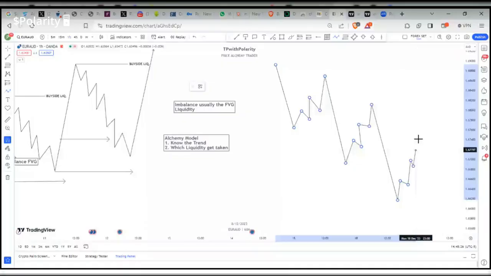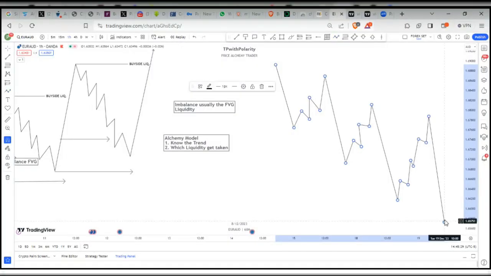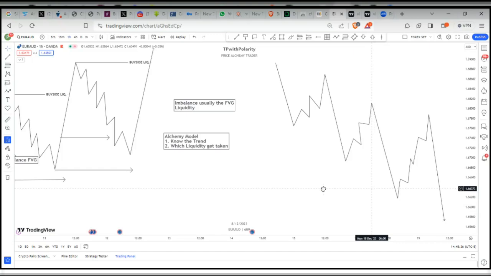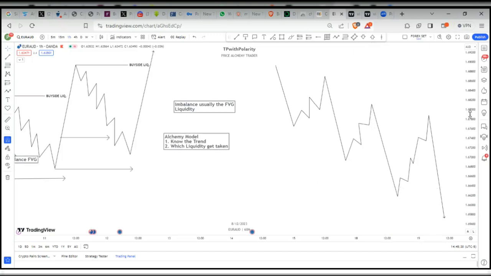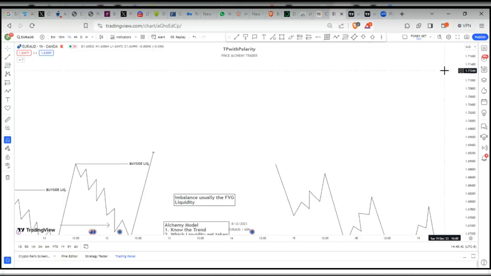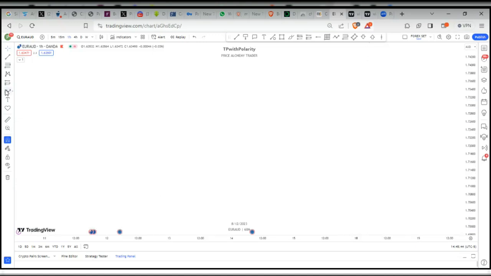Then you expect it to get taken out again. You expect the market to trade to the nearest imbalance, gets taken out again. It's as simple as that. It's so simple.